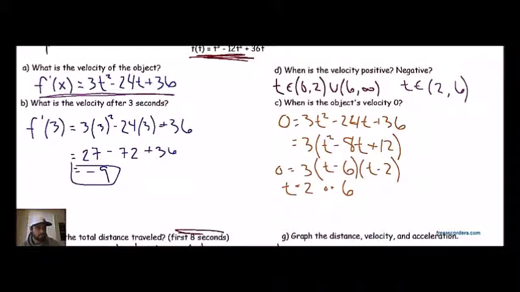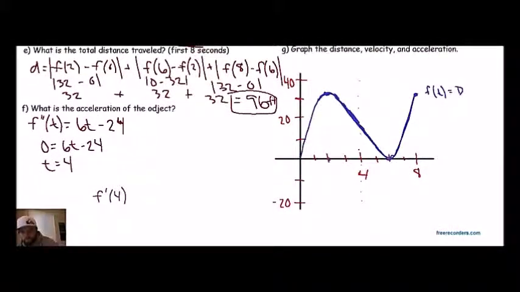So 4 squared is going to be 16, so 48, minus 4 times 36, plus 24 times 4 gives you 96, so it's going to be negative 12. Okay, so we're going to be down here somewhere at about negative 12 at 4 seconds for our velocity.